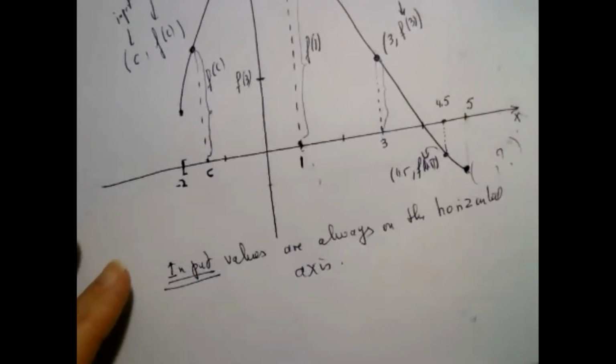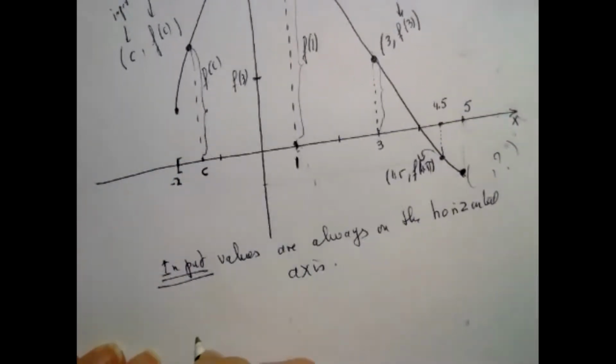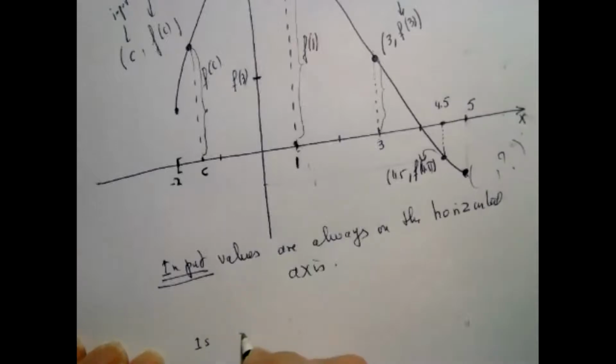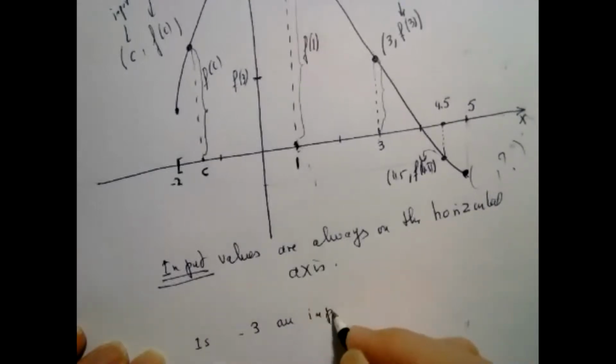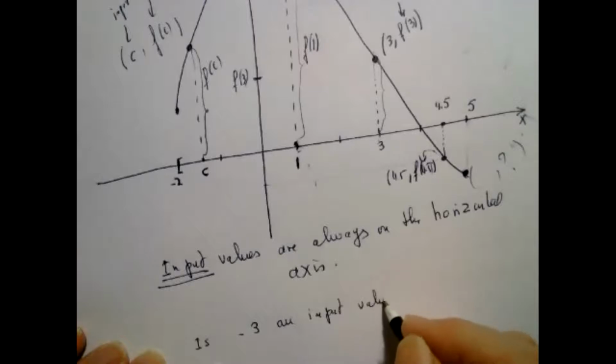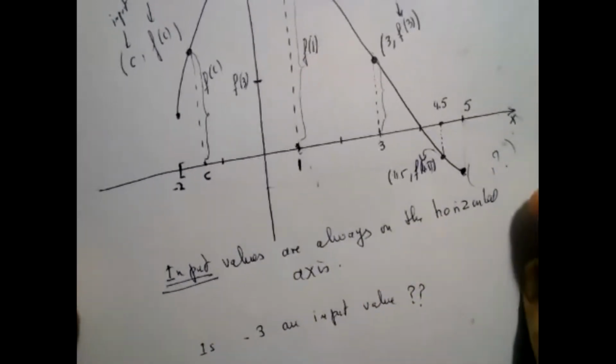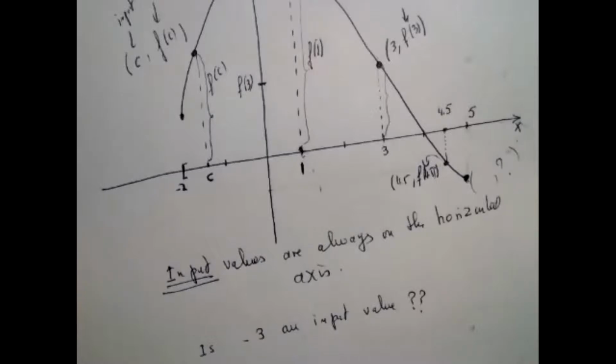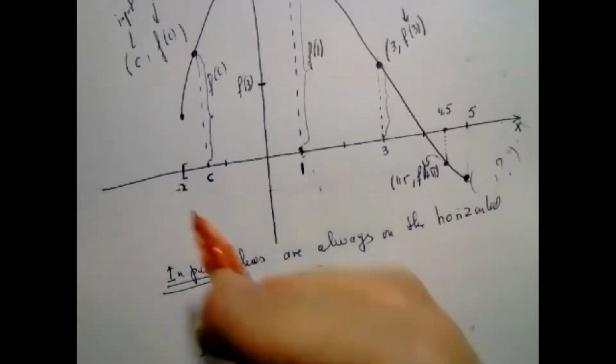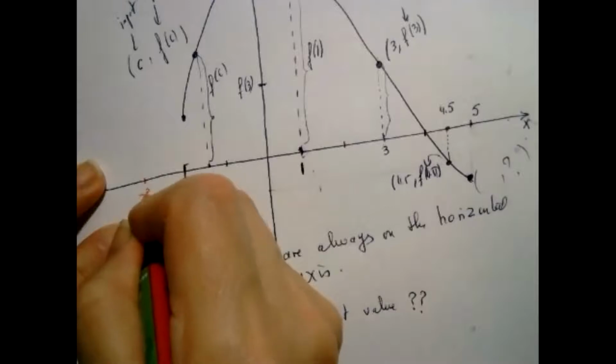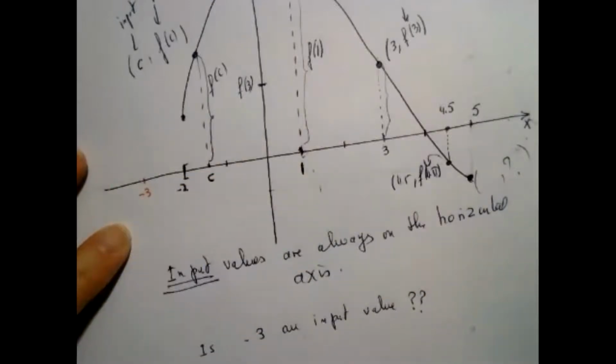Now, in this particular problem, suppose I ask you the following question. If you don't understand, let me know. Is -3 an input value, do you think? Do you think I can find an output for -3? This is -3.